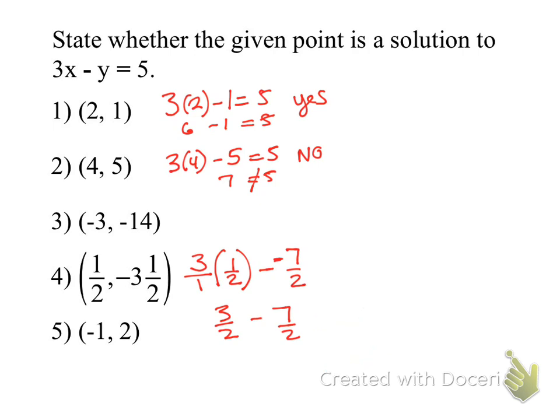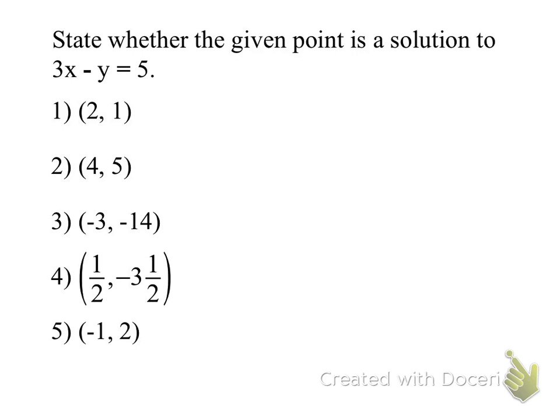It should have been minus negative 7/2, because it's negative 3 1/2. So I lost a negative here. That makes it 10 over 2, which simplifies to 5. Is 5 equal to 5? Yes, so it's a solution.